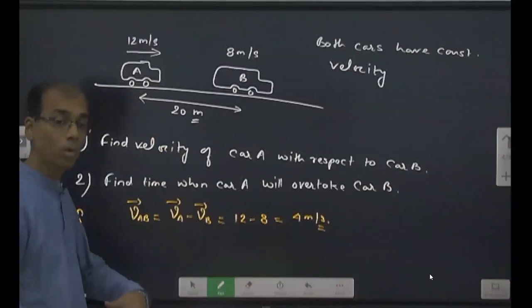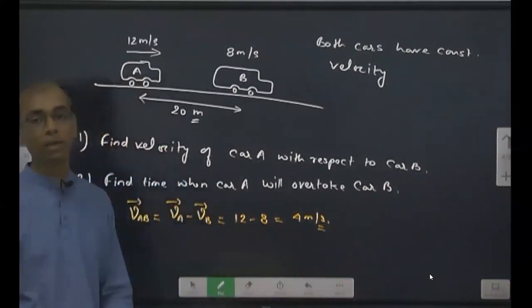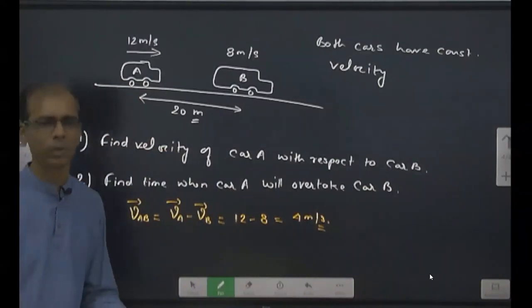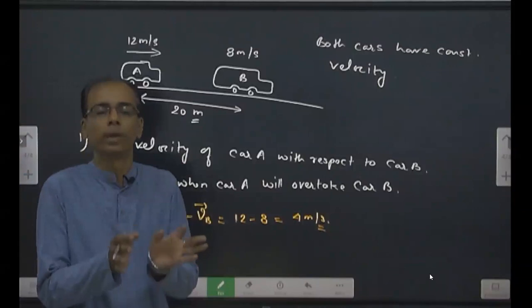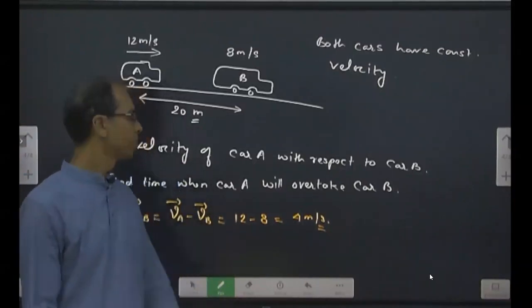So how much more does car A have to travel to overtake car B? 20 meters, because to overtake it has to cover 20 meters distance, right?